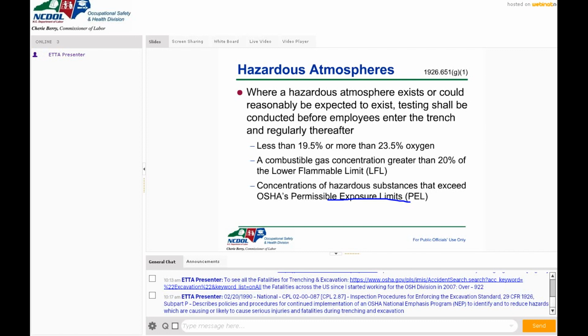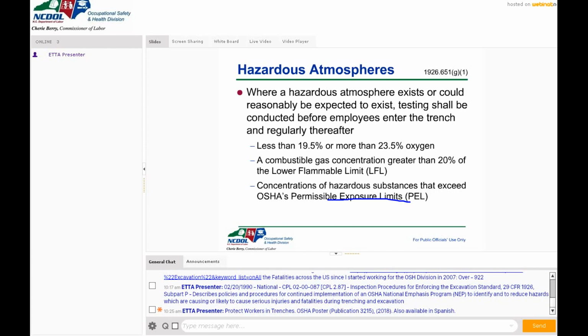There are some additional guides I want to send to you. Now, there's one on protecting workers, and here's a guide for it. It's also available in Spanish. That's a poster that you can post around your job site, and it's publication 3215.